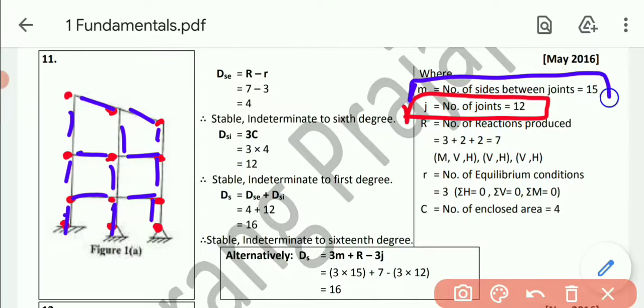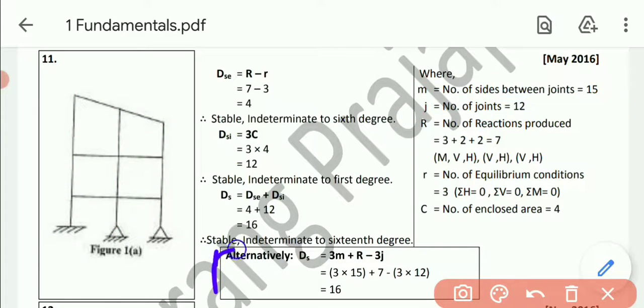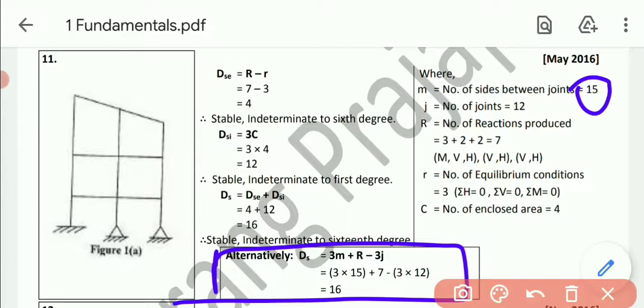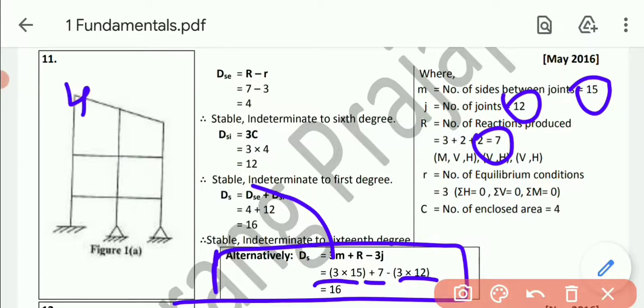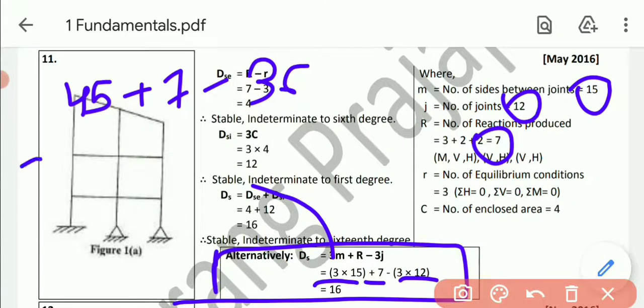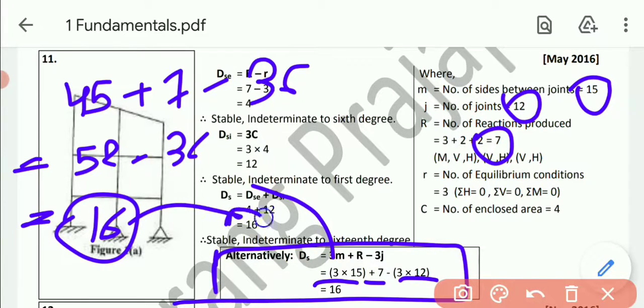So the number of sides between the joints is 15. Now putting the values in the equation 3M plus capital R minus 3J: 3 times 15 plus capital R, that is 7, minus 3 times J, that is 12. Simplification: 3 into 15 is 45, plus 7 is 52, minus 3 times 12, that is 36. So 52 minus 36, answer comes 16. Clear?